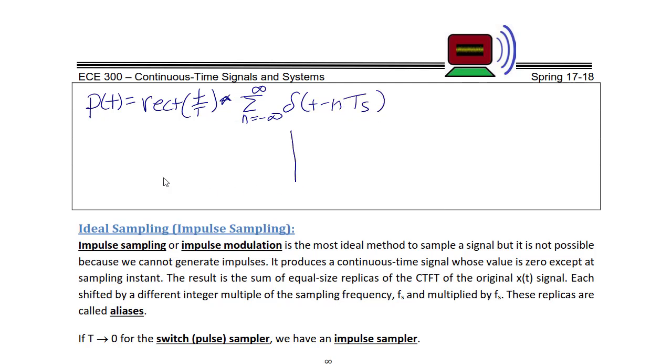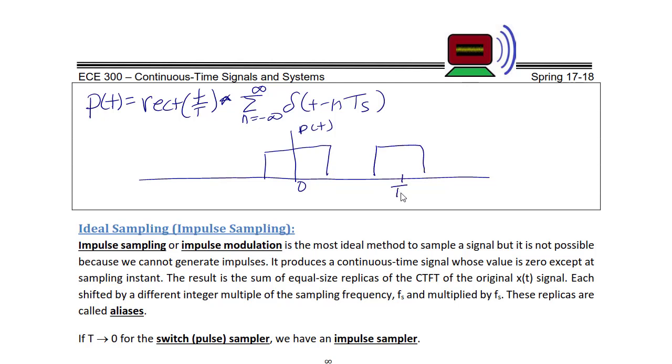So we would model that switch as the following. Here's your pulse at 0, at Ts, at -Ts, at 2Ts, and so on, and the width of the rect would be T.